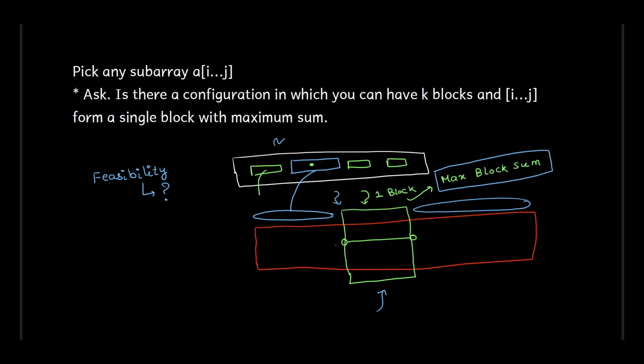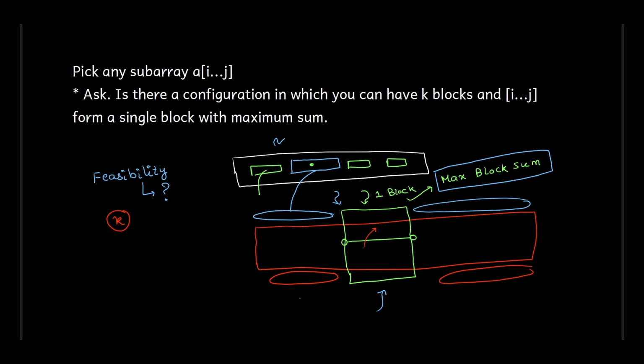So how do you answer that question? You can see that you have to make a total of k blocks, and if this is one block, then there has to be a total of k minus 1 blocks coming from the left hand side and the right hand side.